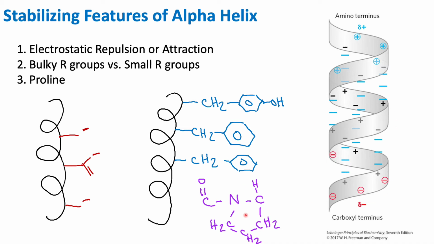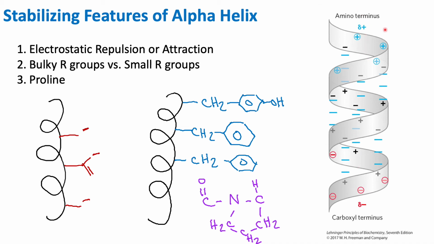Since it doesn't have that hydrogen, our alpha helix will not be able to make a turn properly. Now, another factor that can affect our alpha helix is the dipoles that we have at each end of our alpha helix. Remember that one end is going to be our amino end, the other end is going to be our carboxyl end. At the carboxyl end, we're going to have a partial negative, and at the amino end, we're going to have a partial positive, because these two groups are creating a dipole due to one another.